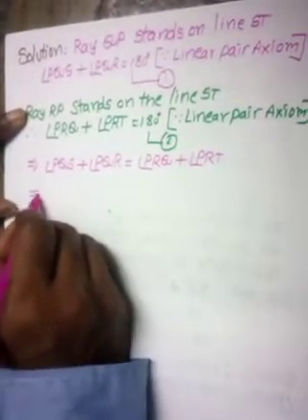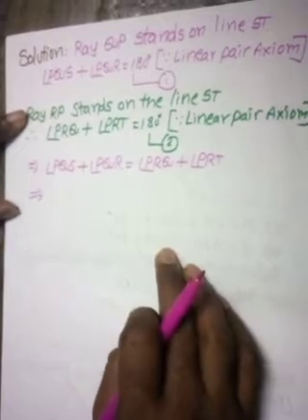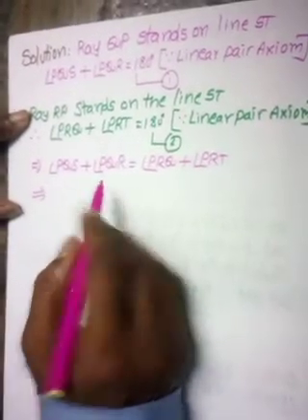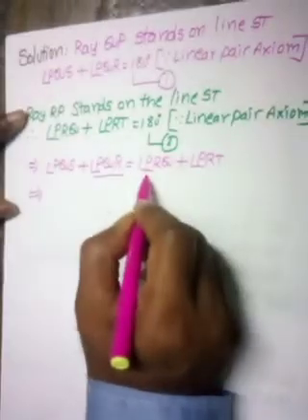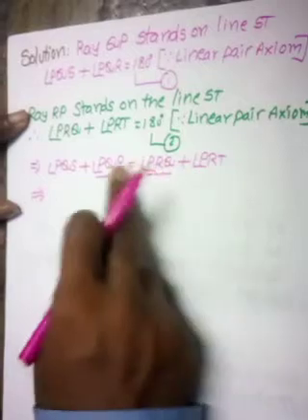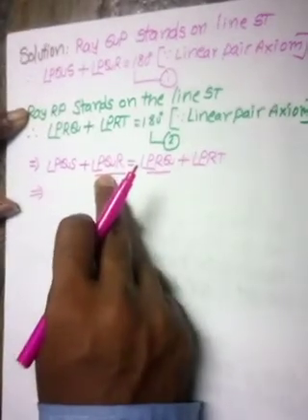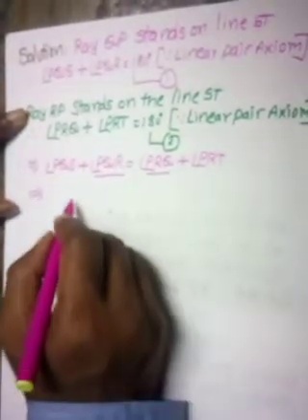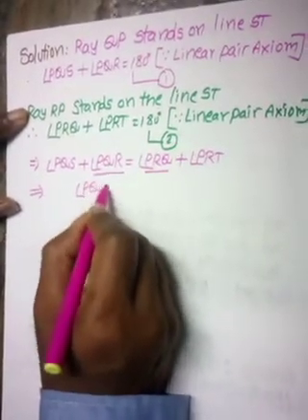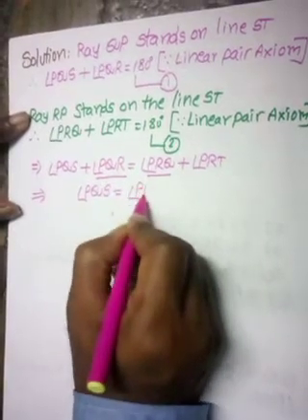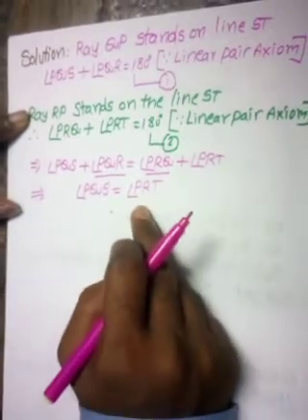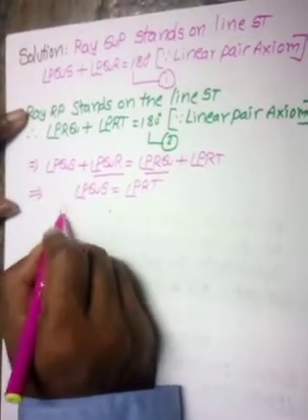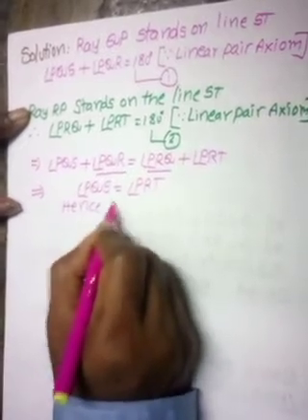This implies, from the question itself, angle PQR is equal to angle PRQ. So these two get cancelled because this value and this value are the same. This implies what will you get? Angle PQS is equal to angle PRT, which is the required result. Therefore, we can say that hence proved.